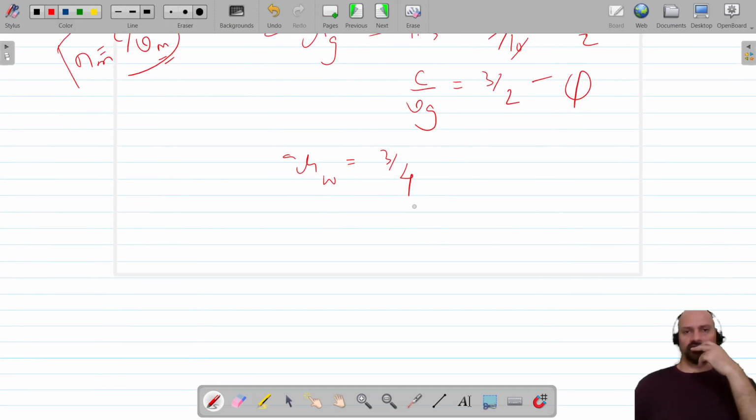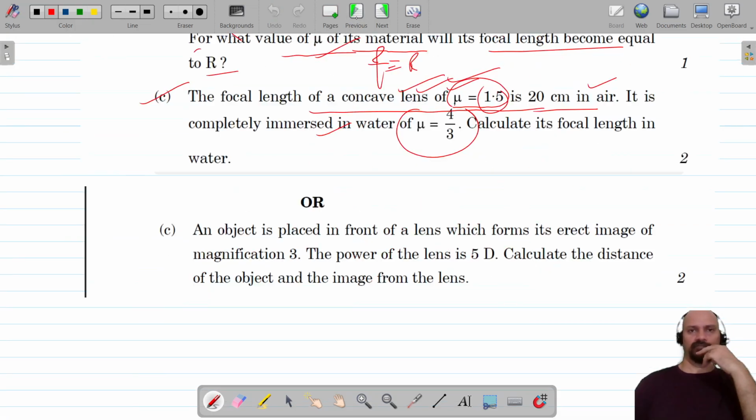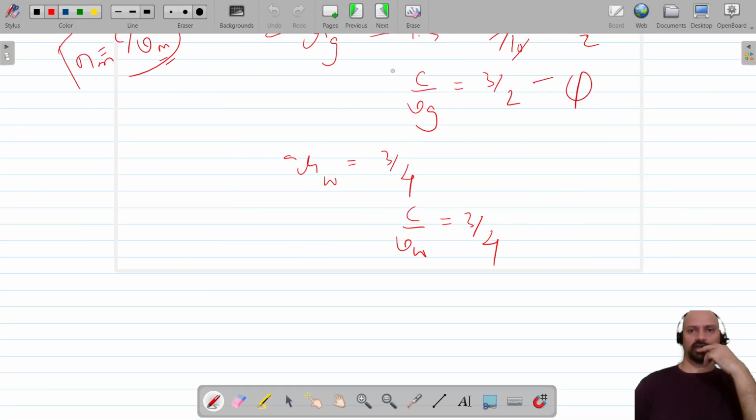So this becomes c upon velocity of light in water is equal to 4 by 3.